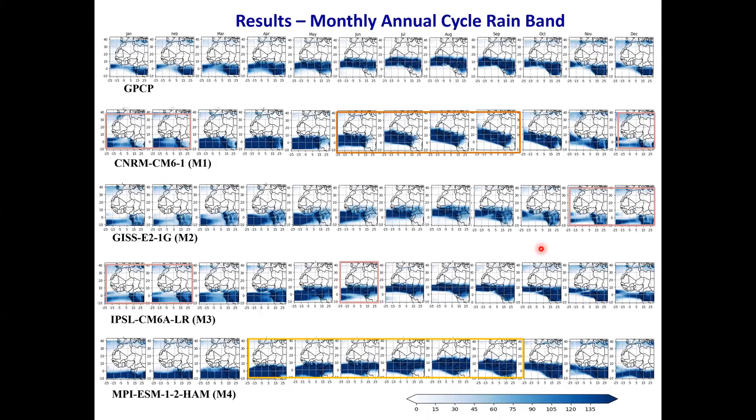You see here that, for instance, this model, which is having a lot of rain band on the coast, is not bringing the rain band across the continent.